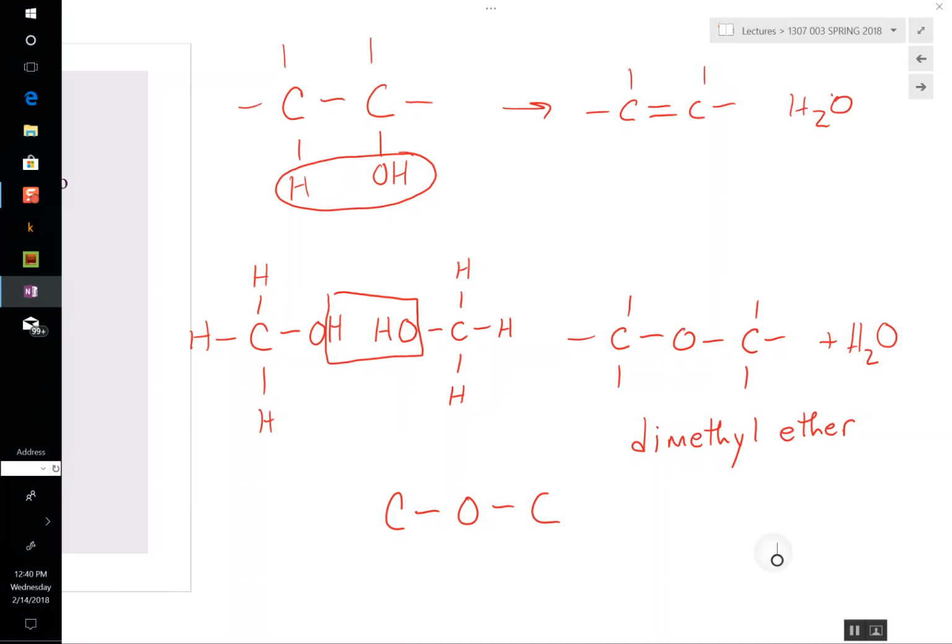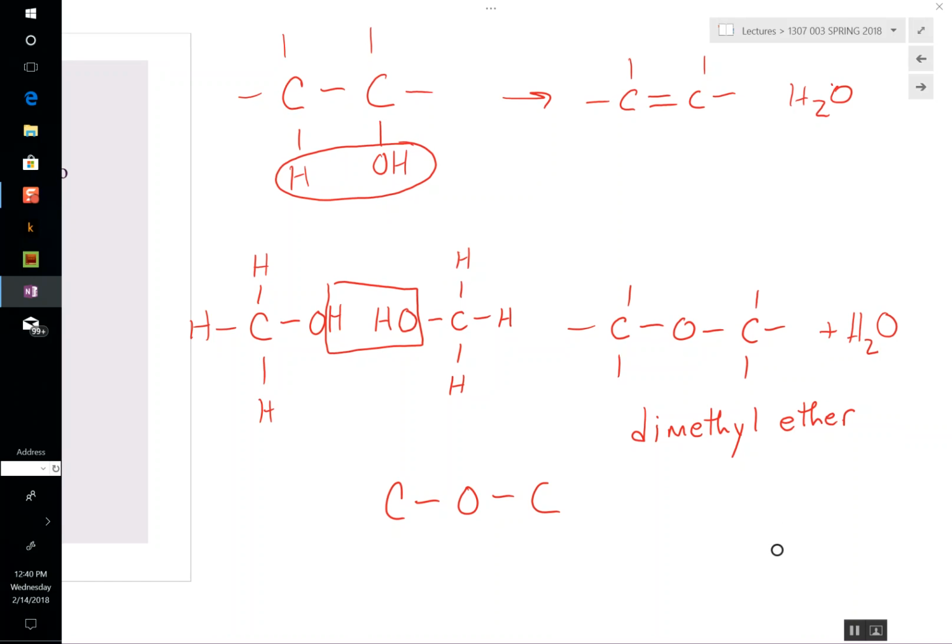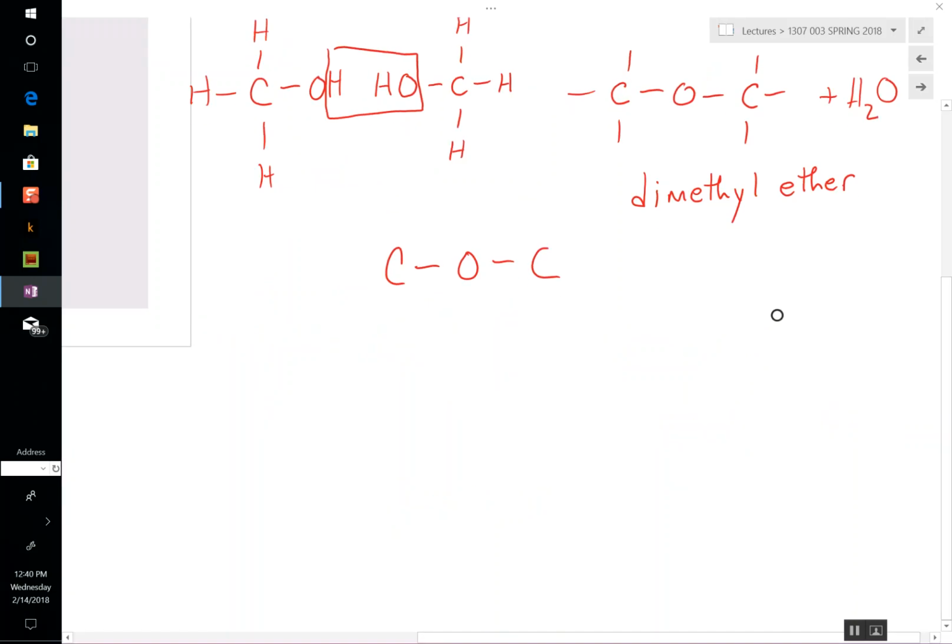All right. Now I use that simple, I hope I'm not going too fast, but I use that simple, very simple alcohol, the simplest alcohol there is, methanol. But I want you to just see that you can do this with any two alcohols. You could do this with ethanol. There's ethanol. There's the water molecule.